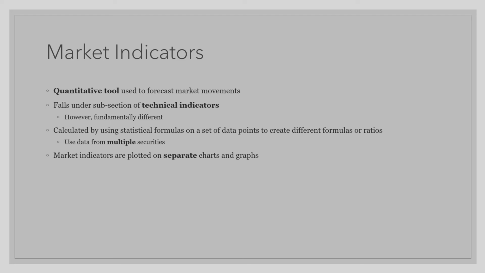Market indicators are calculated by using statistical formulas on a set of data points to create different formulas or ratios. To put it into simple terms, technical indicators use data from a single security, whereas market indicators use data from multiple securities or stocks. Market indicators are plotted on separate charts and graphs.